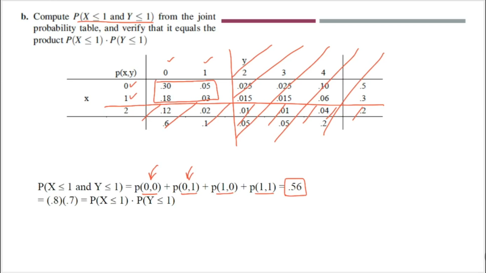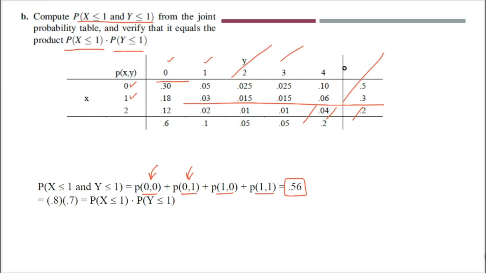Okay. Now they want you to verify that if you take the probability that x is less than or equal to 1 and y less than or equal to 1, you actually come to the same answer. And this is stemming from that whole independence property. So what you're going to do now, remember you have your marginals at the bottom and the marginals are here and here.